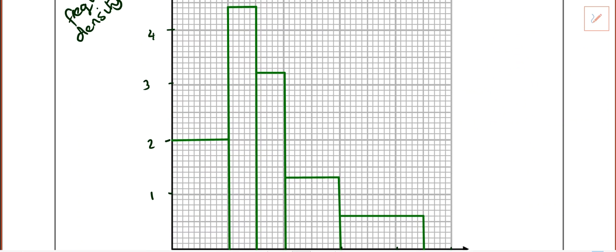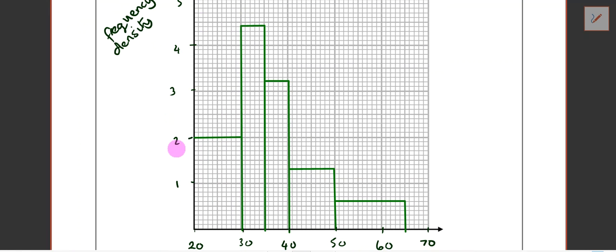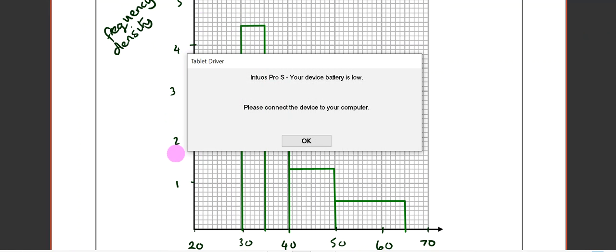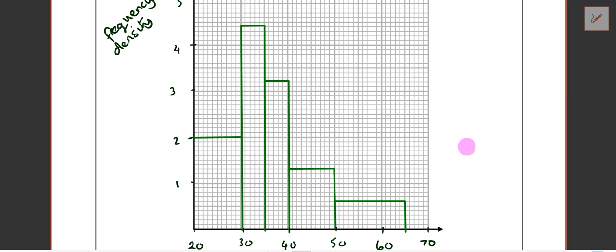So here's my histogram now, with frequency density plotted. How do I know frequency from this chart? This is the fundamental thing. This is the thing you all have to know, otherwise you're going to get questions wrong. Go. Now, how do I work out the actual frequency?